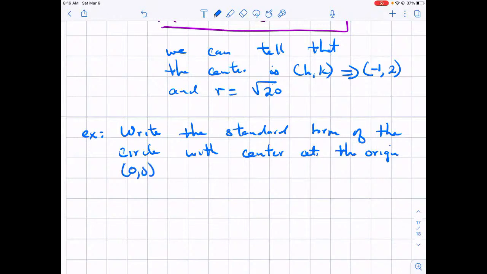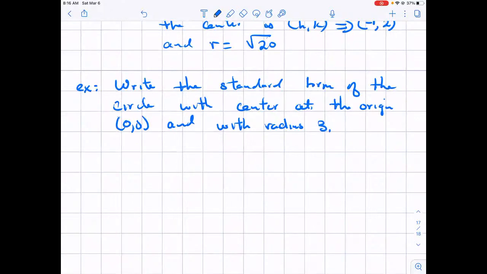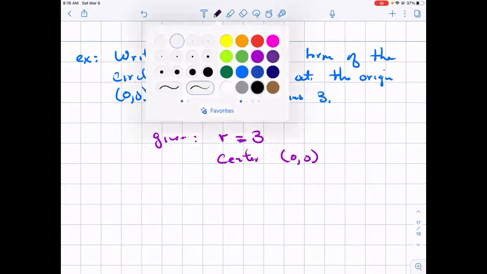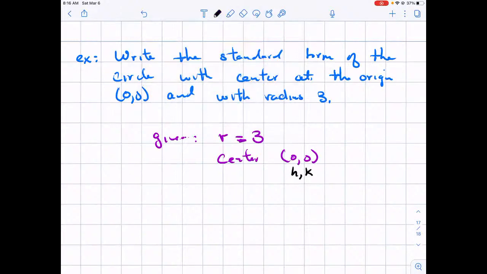And with radius 3. So now what's given to you? Given here, r is equal to 3. So we have r, we don't have to find r. And the center is 0, 0. That means that this is h and this is k.